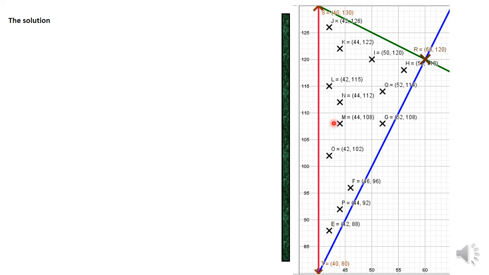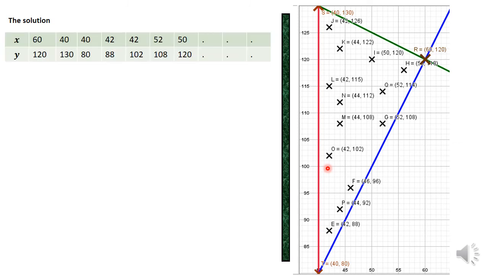I've just picked all these points that I've marked on the screen there, like the point (42, 88), (44, 92), (46, 96), (42, 102). All of these points, so long as they are within this region here, and because our lines were continuous, even the points on the line are satisfactory. So let me say the set of points are, I've just listed these ones, but there are so many of them, I could not write all of them.